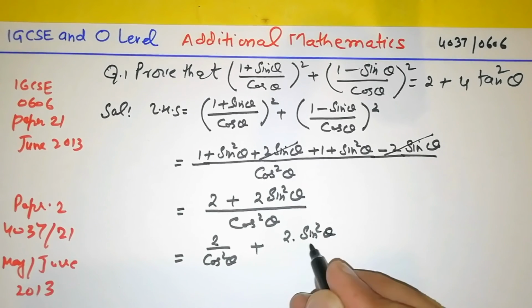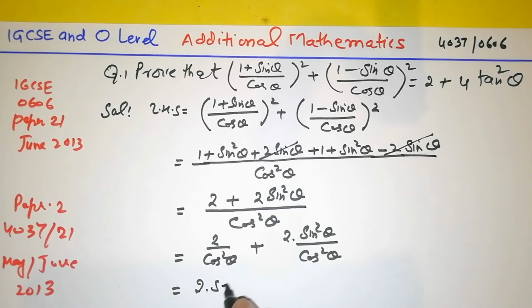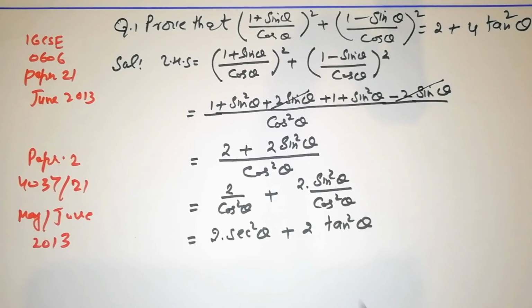sine square divided by cos square theta. Therefore we have 2 into secant square theta plus 2 into tangent square theta. Since our right hand side, this secant square theta we don't need here, therefore we substitute its value from fundamental identity.